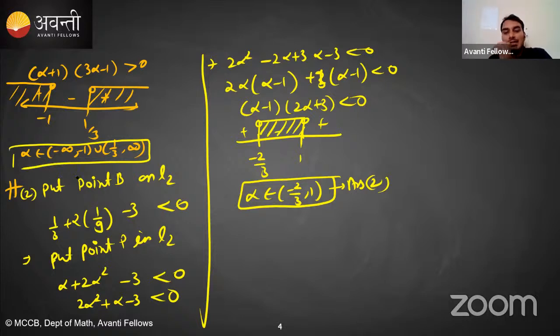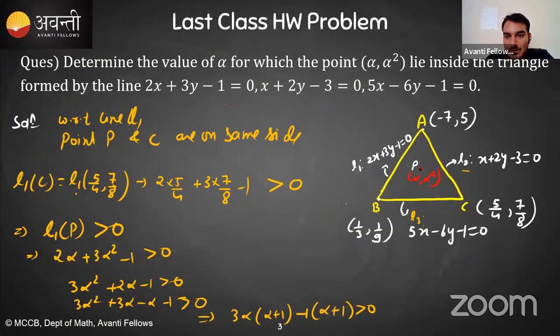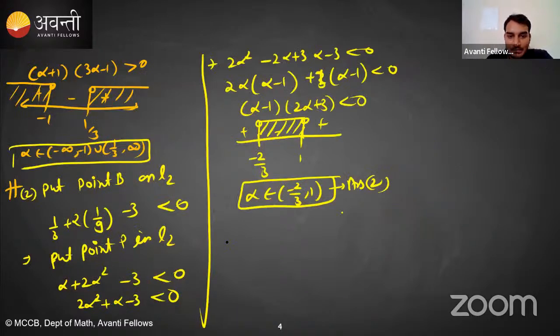Okay. So similarly, for line L3, point A and point P are on the same side. Yes or no? So it implies whatever sign you get when you put the point P, the same sign you will get on putting the point A on the line, right? Okay. So now the third part. Put point A in L3.